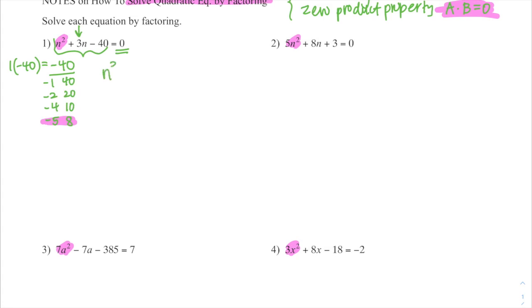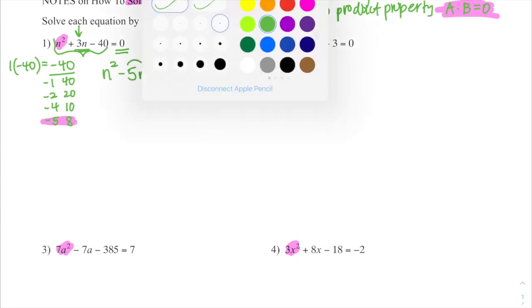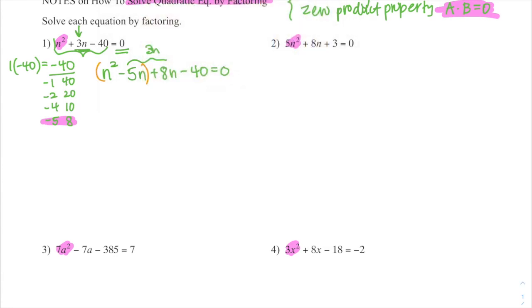So if I'm doing this by grouping, it looks like this. Right, we split up the 3n to be the negative 5n plus 8n. Now, grouping. So we can take out an n, we have n minus 5, and we can take out a positive 8. So we get n plus 8 times n minus 5.